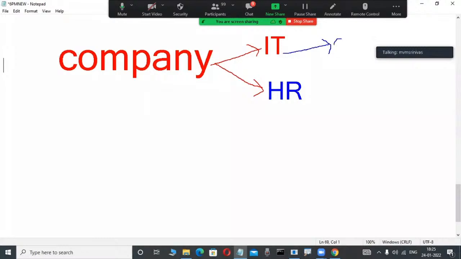In the HR department, 1 employee is working.